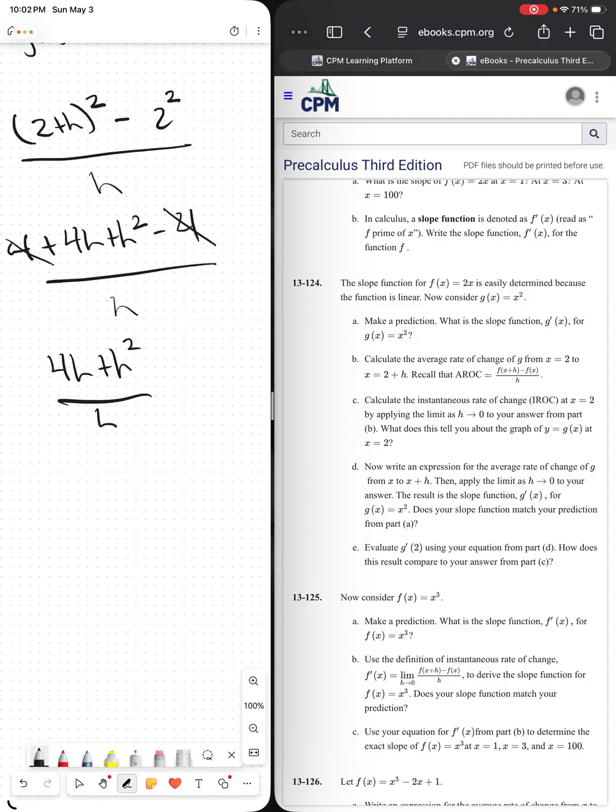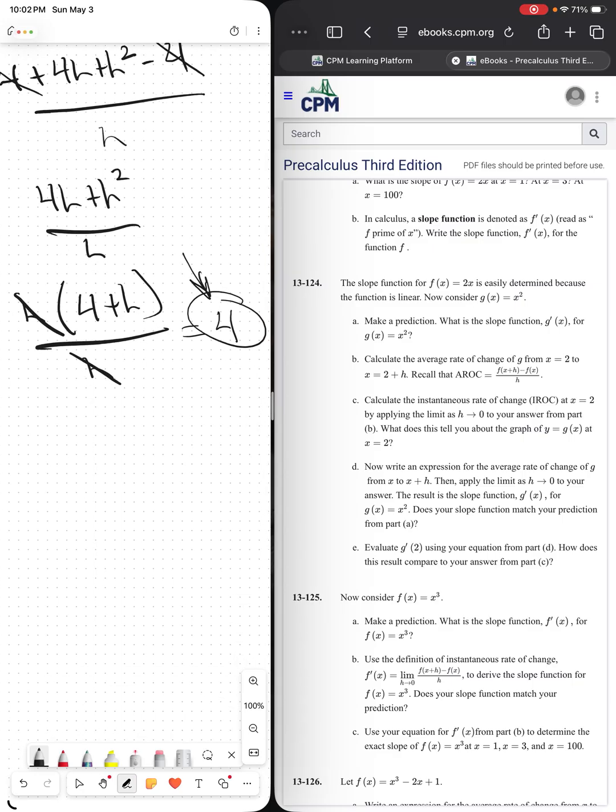Factor out an h: 4 plus h over h, and h cancels. So the average rate of change from 2 to 2 plus h is 4 plus h. But as h approaches 0, we get a value of 4. What does this tell you about the graph of g of x at 2? Its slope is 4.